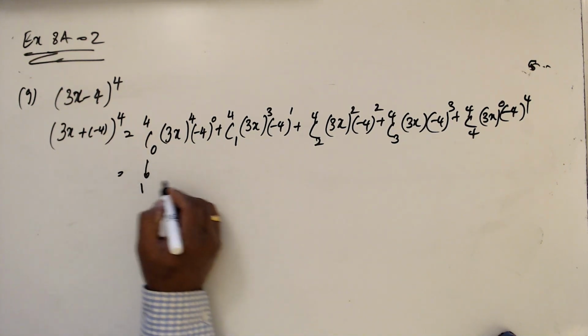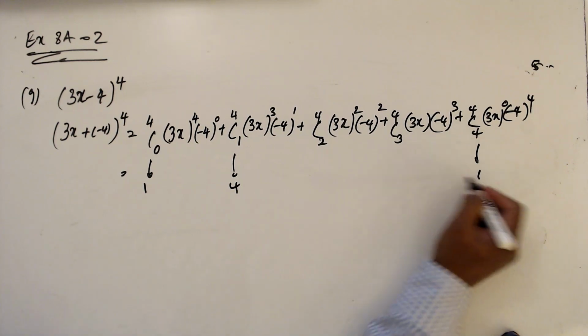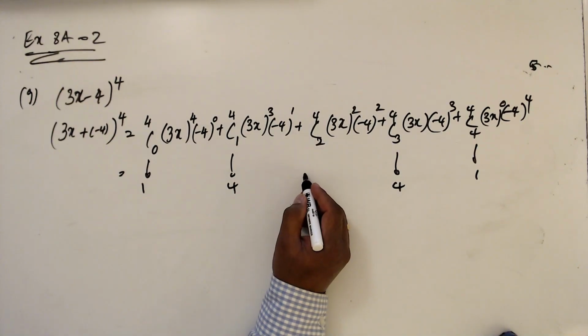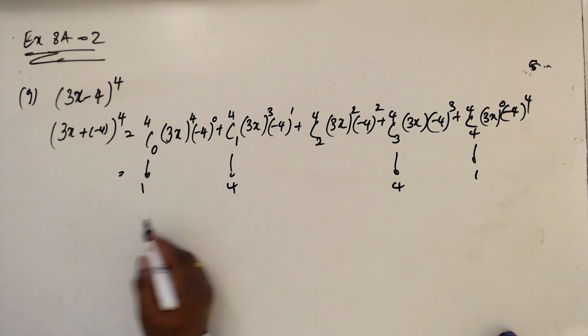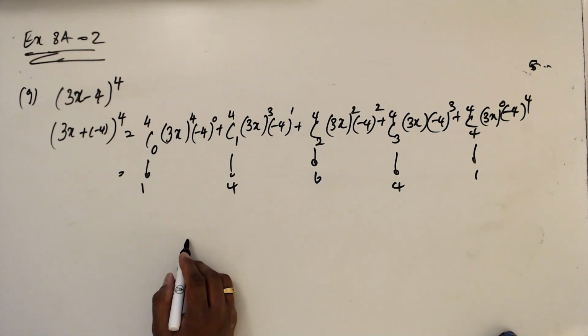This one is 1, this one is 4, this one is 1 and this one is 4. And this, I know from the Pascal triangle, or you can find out, is going to be 6.